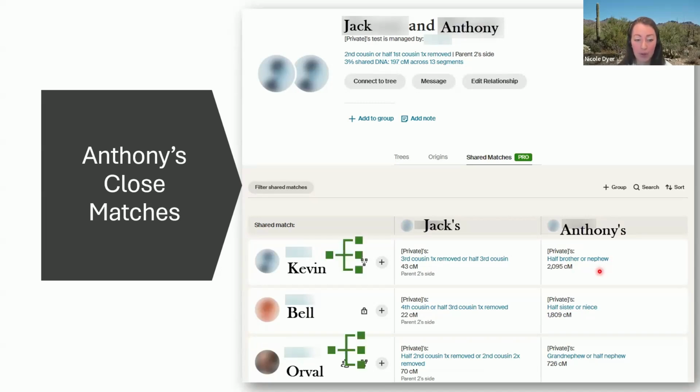Also, Orville has a tree, and Orville is either a grandnephew or a half-nephew. Belle is also a close relative, a half-sister or niece, but doesn't have a tree. So we're going to work with the trees of Kevin and Orville and the amount of shared DNA and see if we can figure out where Anthony belongs in the tree.